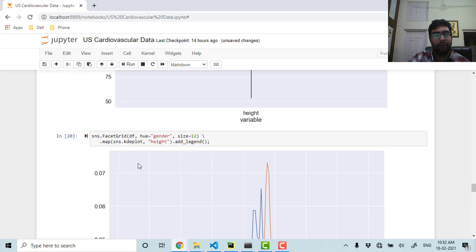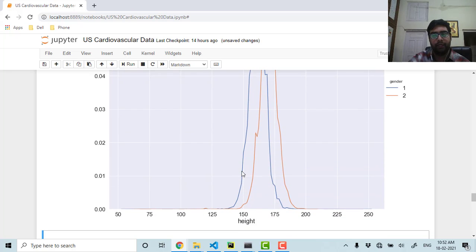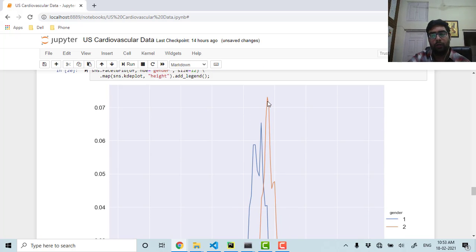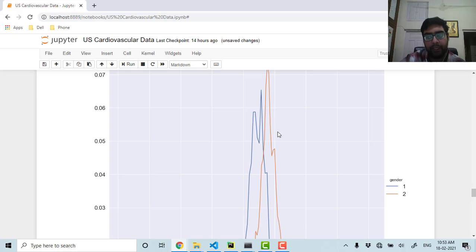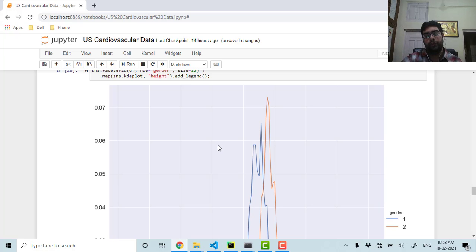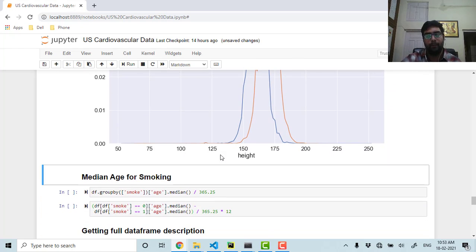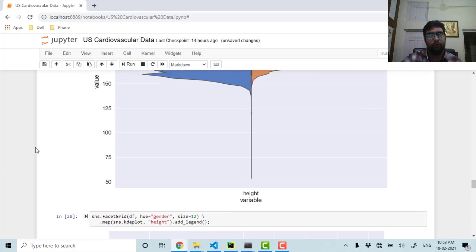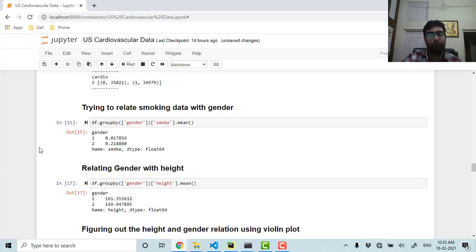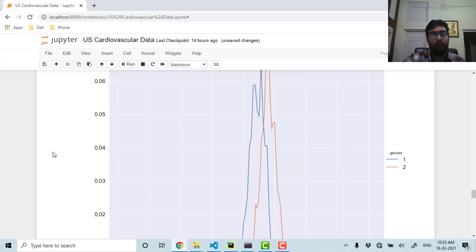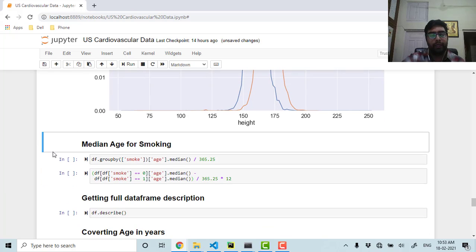Let's see the facet grid also. So we can see that for gender 2 we have more height than for gender 1. So this can be pretty good evidence that gender 1 is female and gender 2 is male. So we can draw the conclusion that we have around 45,000 females and 24,000 males in our data set.